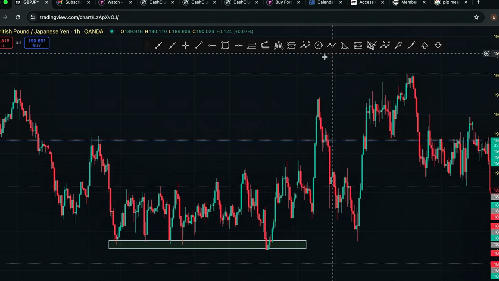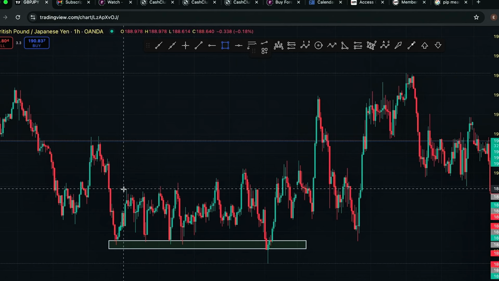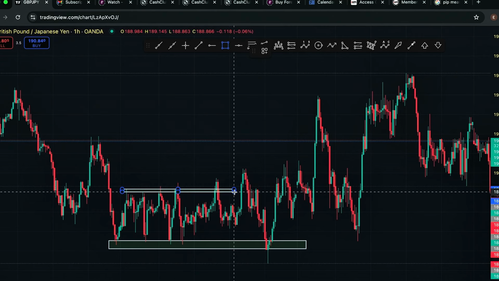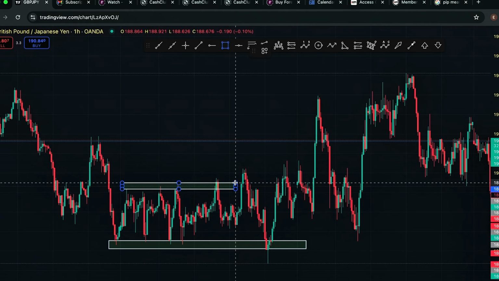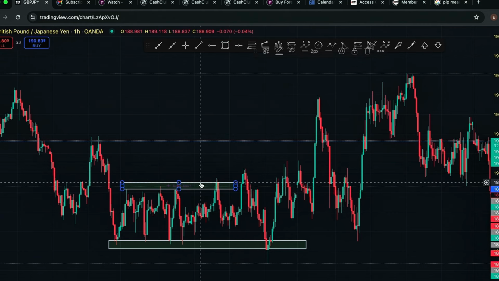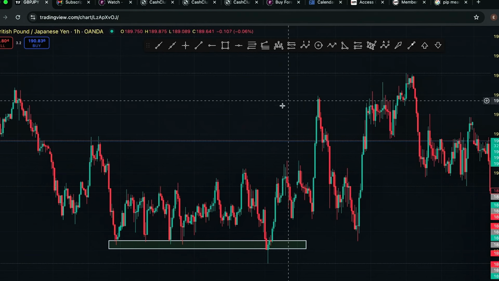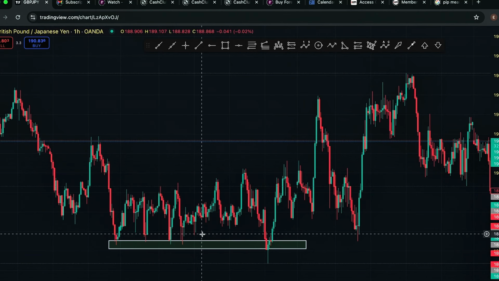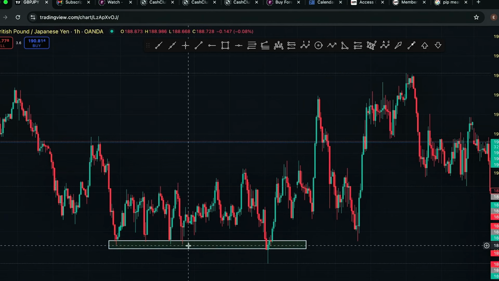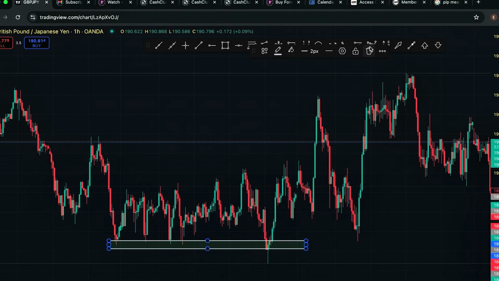So for me, marking up a support and resistance zone, I always take note of the wicks of the candles that form that support or resistance. I don't joke with the wicks. So I will start from the beginning of the candle that led to the support or the resistance.